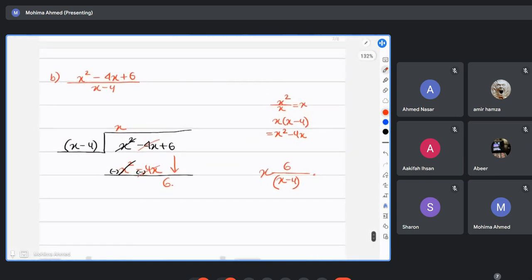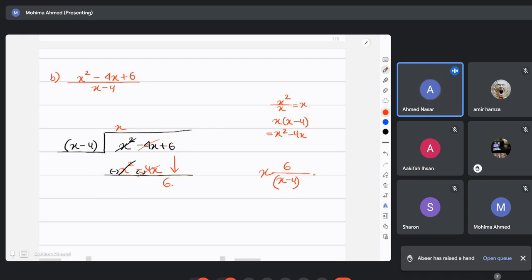Any questions from this part? Yes, Nasir, do you have a problem? In the denominator's place, why have you written x minus 4?